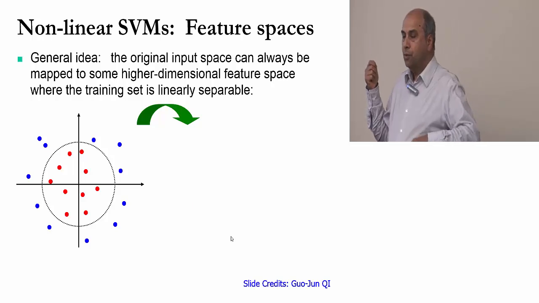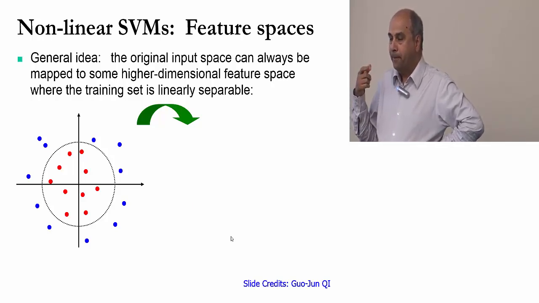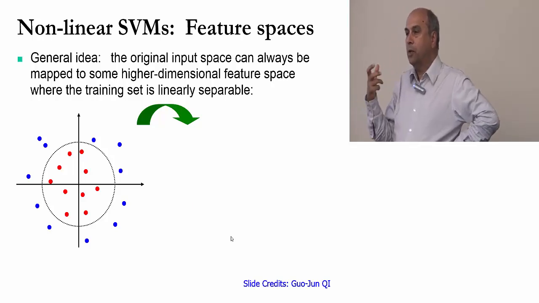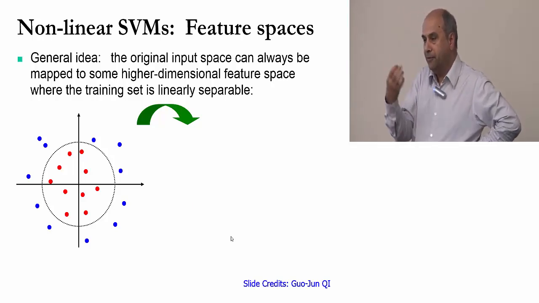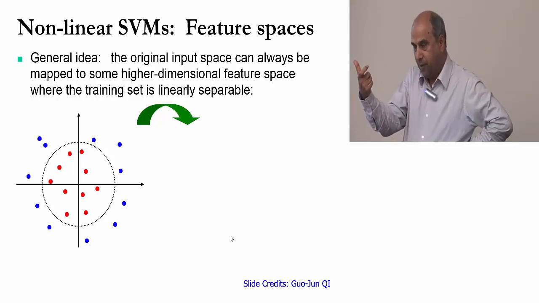Okay? So now we say, well, instead of mapping to the higher dimensional feature space, we are looking at what we want ultimately in SVM, which is a dot product of two vectors.